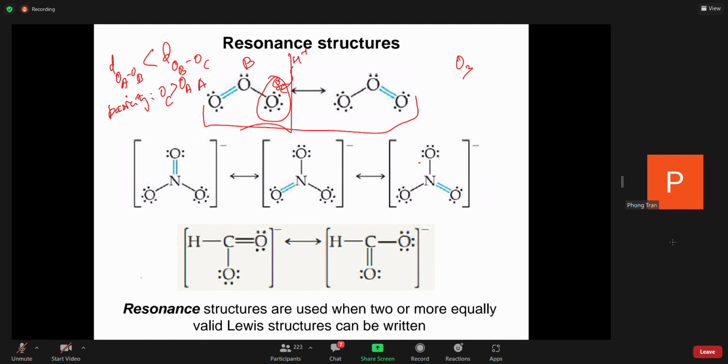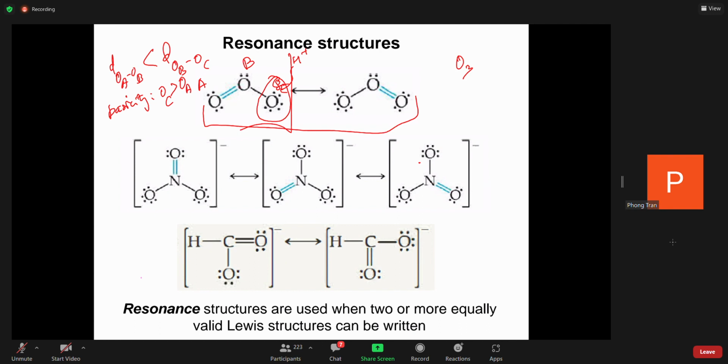It means that you can experimentally distinguish the three oxygen atoms. More specifically, you should be able to distinguish O-A and O-C. But actually, in the experiment, O-A and O-C are exactly identical.